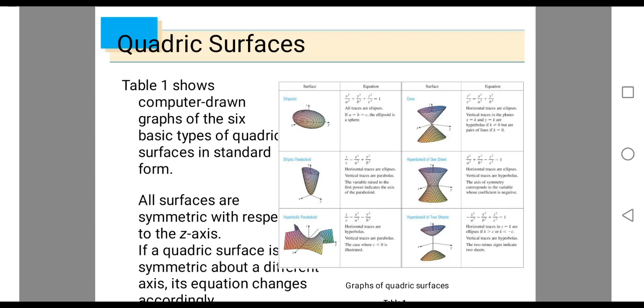Hyperboloid of two sheets, like vertical traces, are hyperbolas, and the two minus signs indicate two sheets, right? So you can see the properties, the equations and the shapes of these particular surfaces of quadric equations. Actually these graphs are drawn by computer, that's why they are so fine.